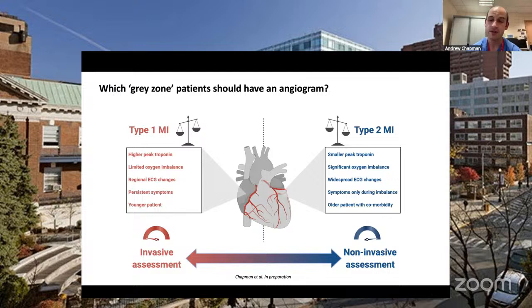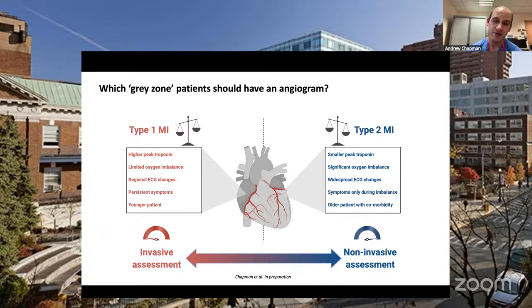If you are working in a centre where there is more selective use of invasive coronary angiography, some of the factors which I think would lead you towards doing an invasive angiogram rather than, for example, a CT, or even not investigating, would be a higher peak troponin concentration, if there was only limited oxygen supply-demand imbalance, if there were regional ECG changes, if there were persistent symptoms, or if the patient was younger with a greater number of life years at risk were you to miss an important underlying coronary lesion.